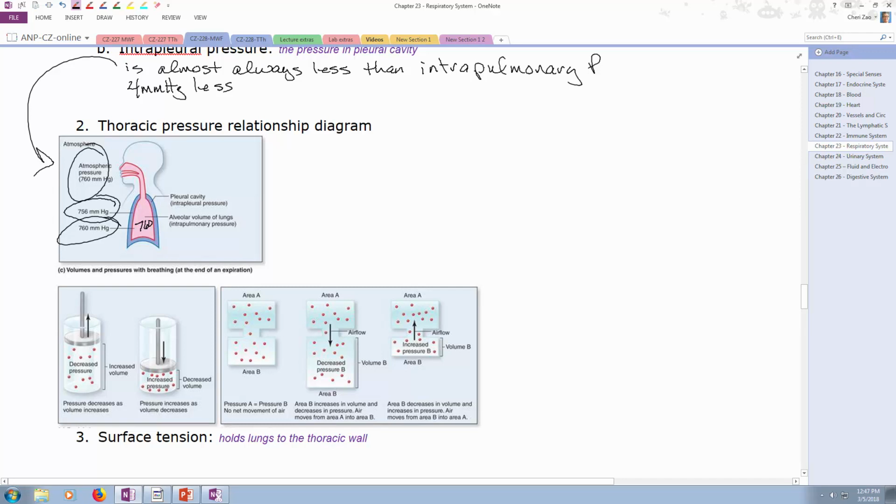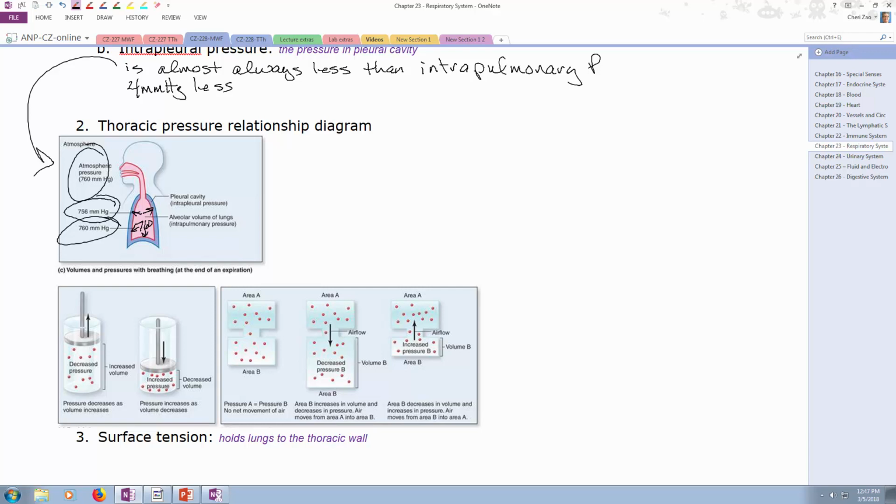And so the pressure is greater inside the lungs than it is outside the lungs, inside the pleural cavity. Where does pressure want to go? Does pressure want to go from low to high or high to low? High to low. And so this is going to effectively try and push, isn't it? Isn't the pressure that's inside the lungs going to try and push outward to the area that's lower?